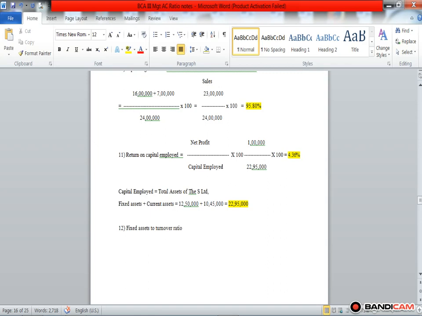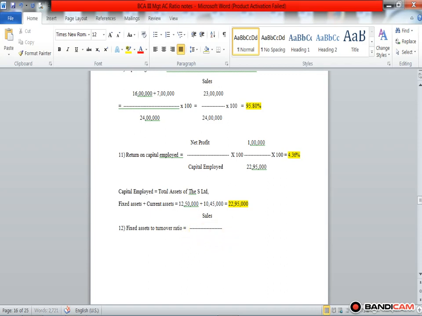Here the formula is the same, sales divided by, we took total assets before, now only consider fixed assets. So sales divided by fixed assets.